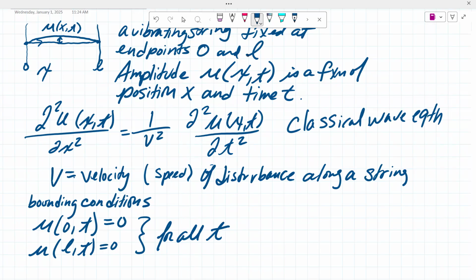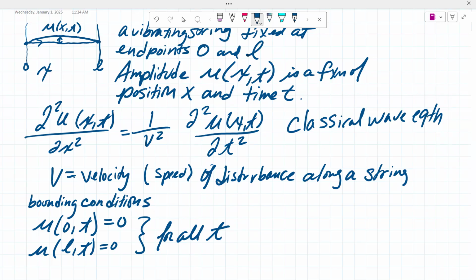When the x coordinate is 0, that's this end right down here. At this bound end, the displacement is going to be 0. And that is true for any time, because the string is always bound. It's not going to be jumping off.